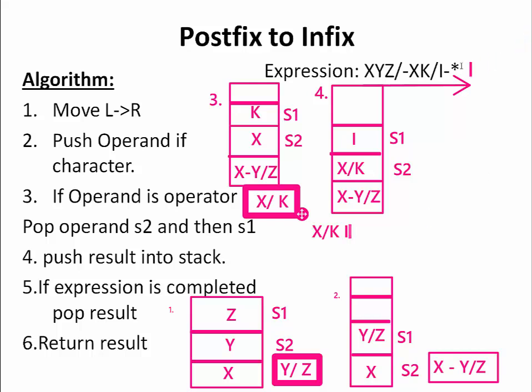Now minus is an operator which we have to place in infix, between the operands: X divided by K minus I. So we have specified it. Now we need to draw one more redefined structure of the stack, step 5.